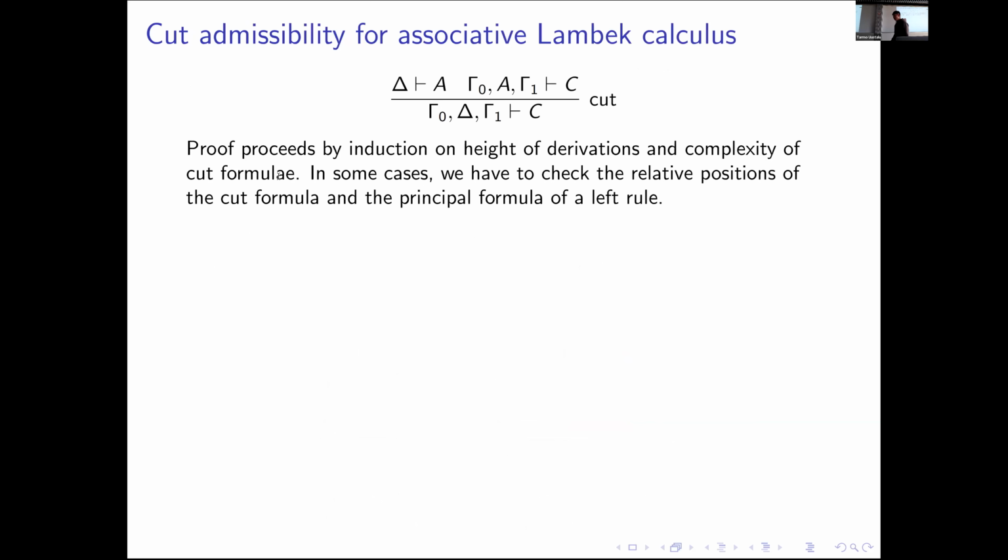And then, what about cut admissibility for the associative Lambek calculus? It means that this rule here, cut, is admissible, and the proof of the admissibility is by induction on the height of derivations and also the complexity of the cut formula.